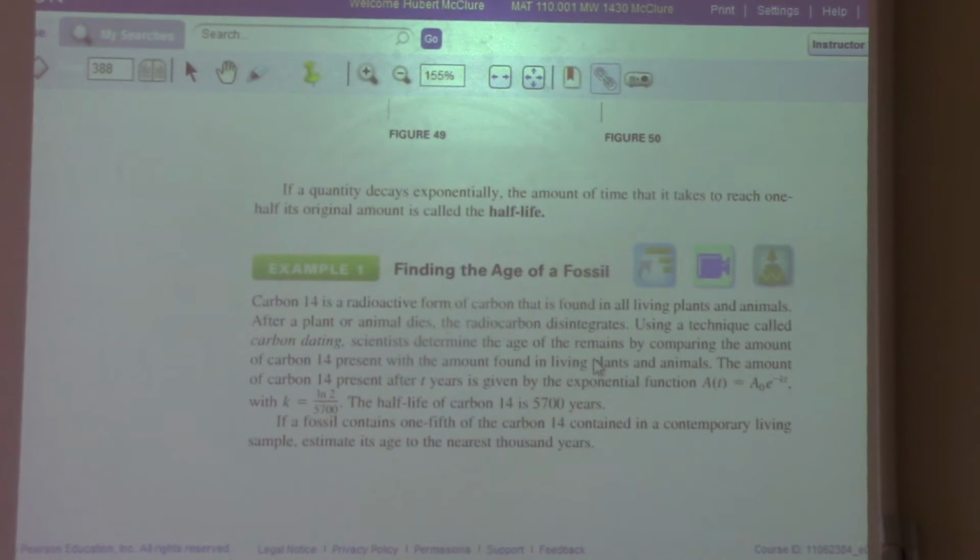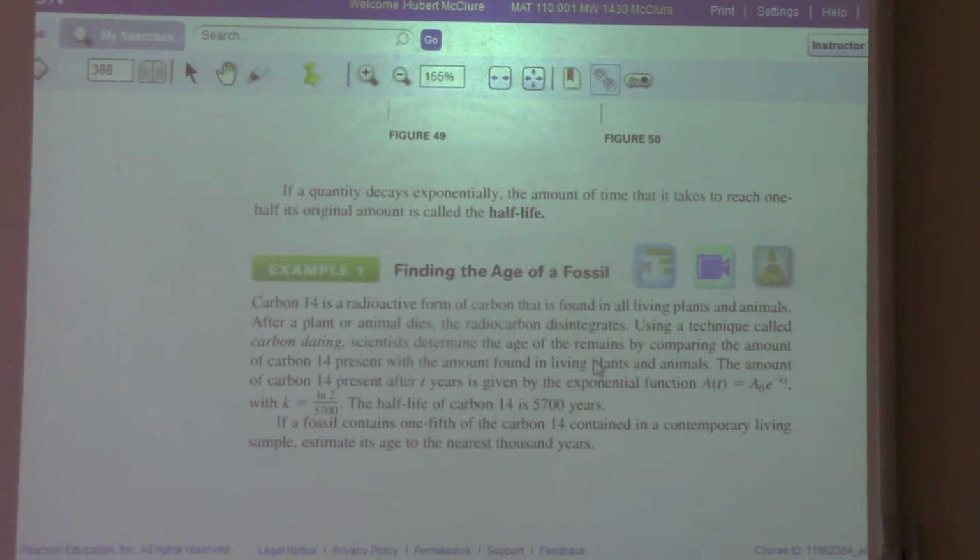The amount of carbon-14 present after T years is given by the exponential decay function, with K equal to that. The half-life of carbon is 5,700 years. If a fossil contains 1/5 of the carbon contained in a contemporary living sample, estimate its age.